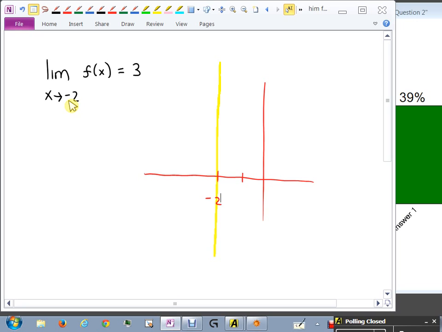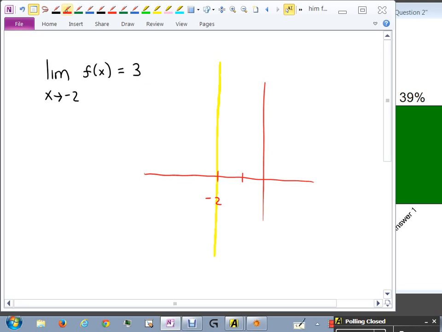It doesn't say, right? It doesn't have a little plus or a minus to the top right. If it does not have a plus or minus, it means both sides. So it's saying that when we approach from the left and from the right, we have to be headed towards what? 3. That means a height. The height of our function needs to be headed towards 3.